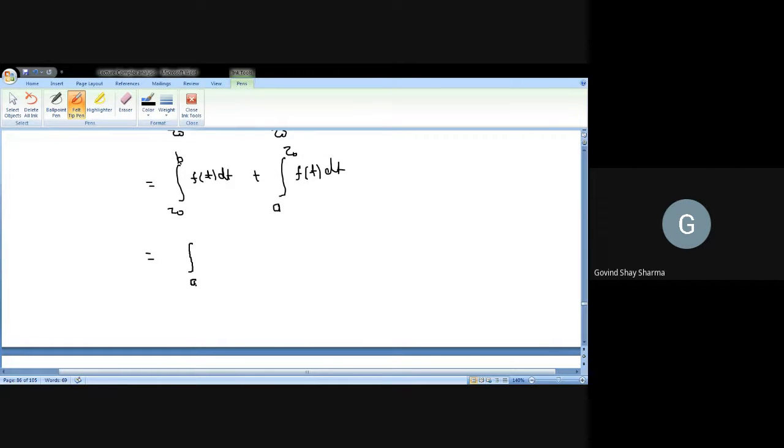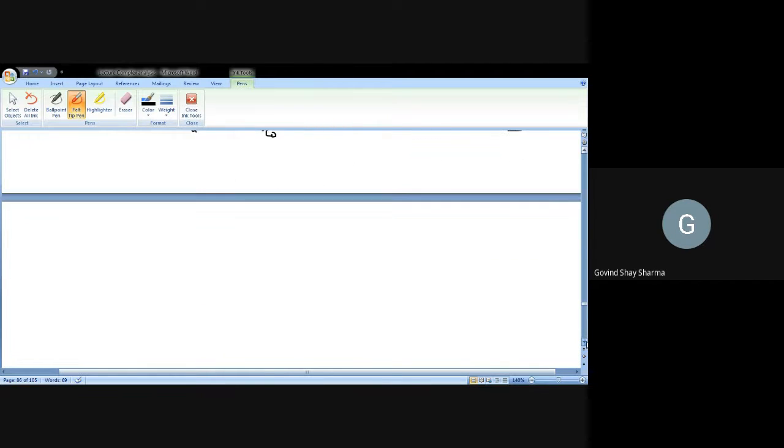We can write it as the integral from A to B of f(t) dt. So the integral of f(z) dz can be written as phi(B) minus phi(A).